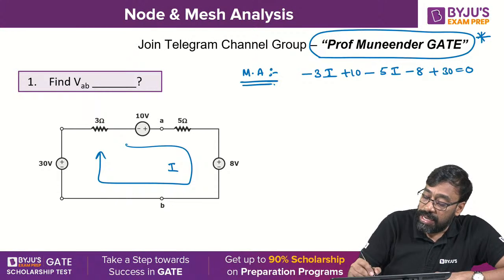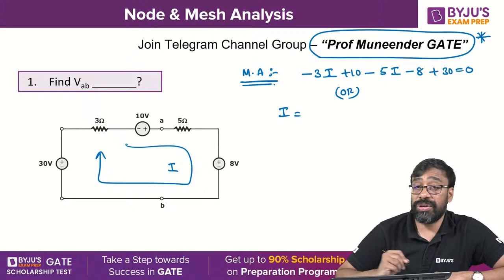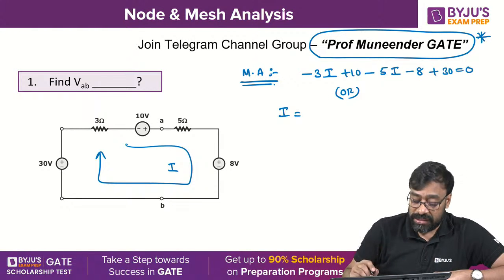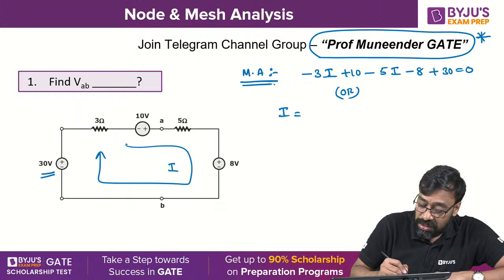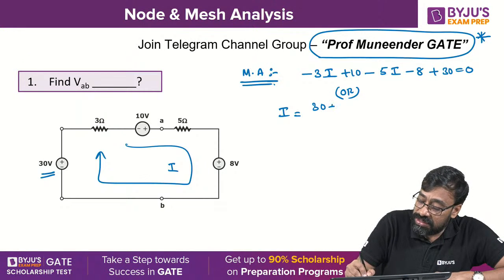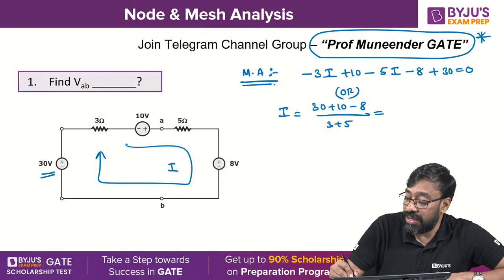Or else, I can directly apply, without writing this equation, total voltage by total impedance for a single loop. So 30 volts is taken here because this is minus plus, this is also minus plus, but this is plus minus. So 30 plus 10 minus 8 by 3 plus 5: 30 plus 10 is 40, 40 minus 8 is 32, by 8, that is 4 amperes.